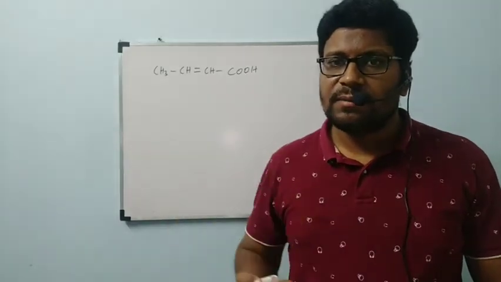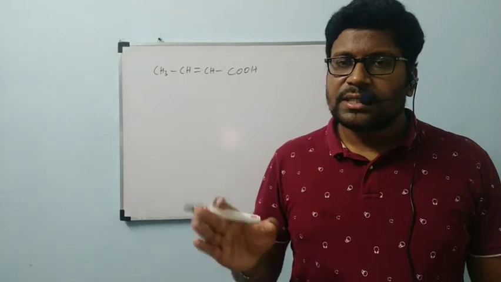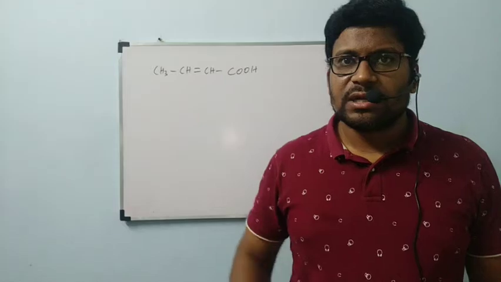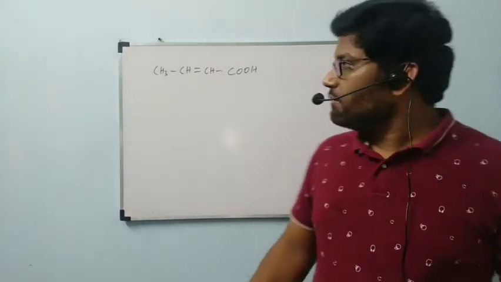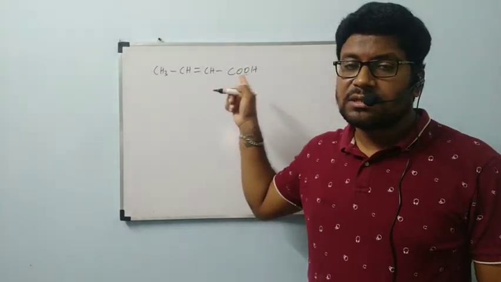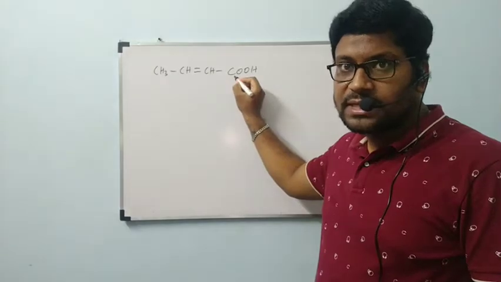The order is: alkyl group, substituent, double bond or triple bond, then functional group. The functional group is the highest order and should get the least number. Numbering must be given from this side.